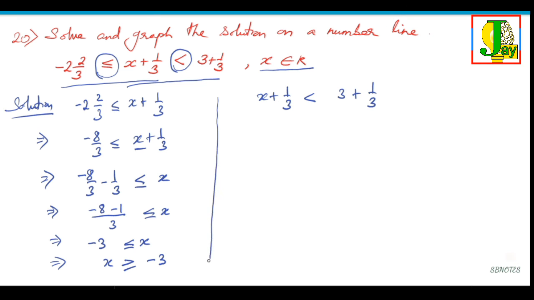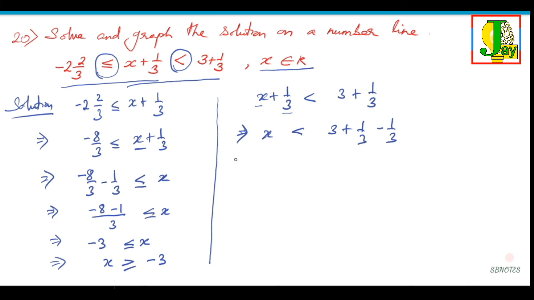Okay, let's see the second inequation. Here we have two terms with the variable part, so we'll try to remove that plus 1/3. So that's less than 3 plus 1/3. This 1/3 goes to that side, and we have minus 1/3.